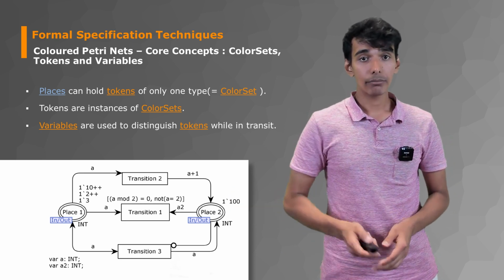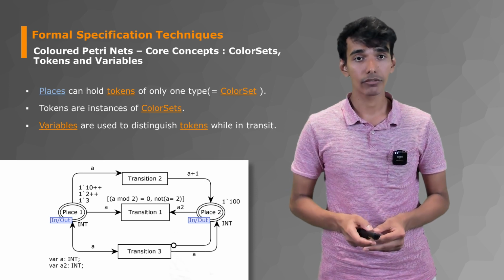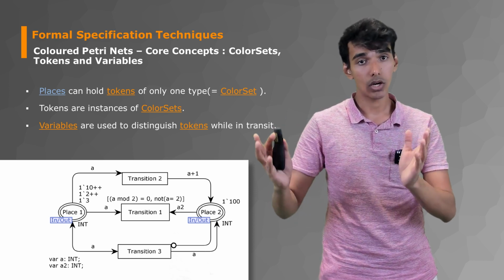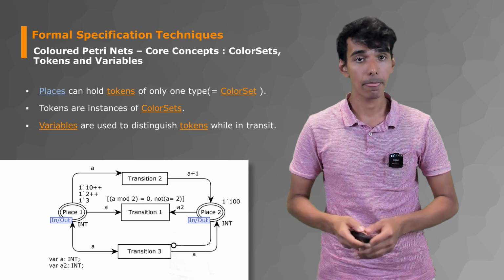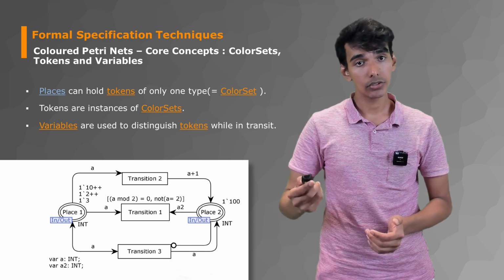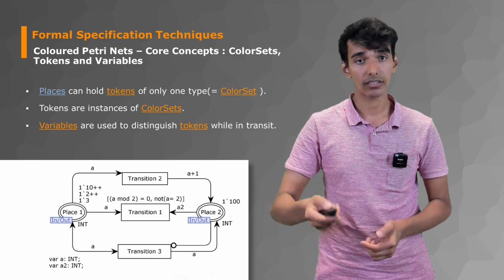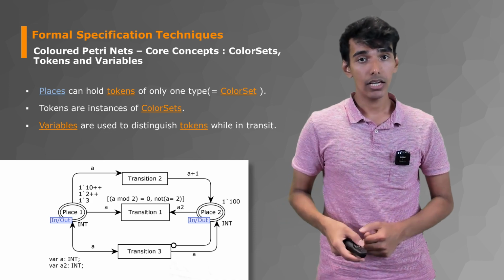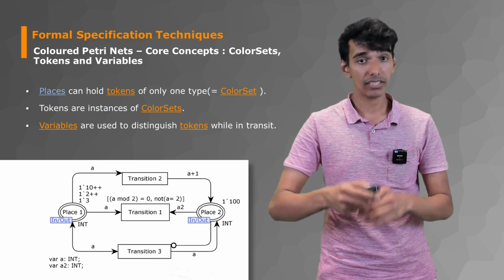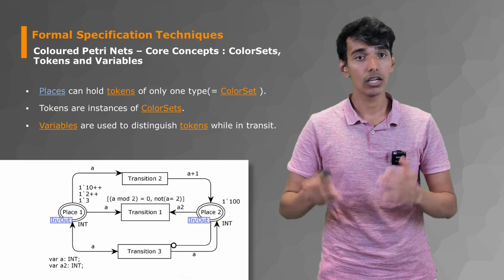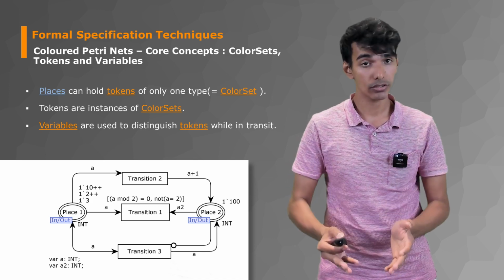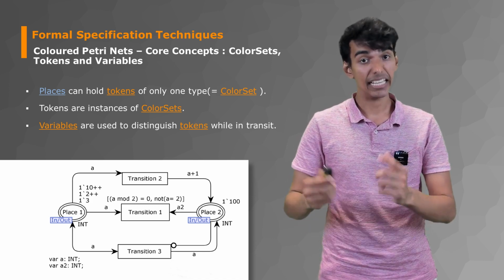So as an example, in the figure on the right, you have something called place 1, which is the name of your place. On the bottom right, you can see the name of the color set that is associated with this place. And this specifies that place 1 can only have tokens which are of type int, or integer.